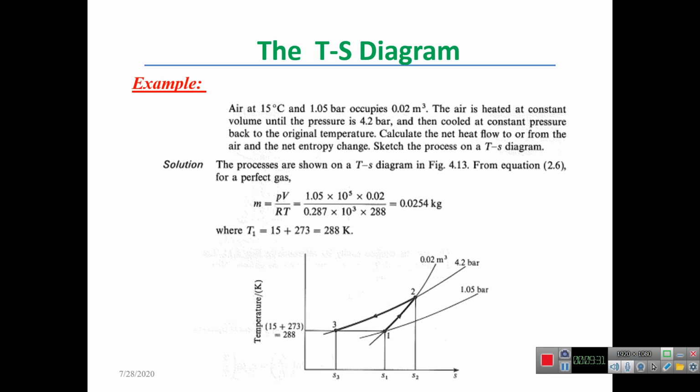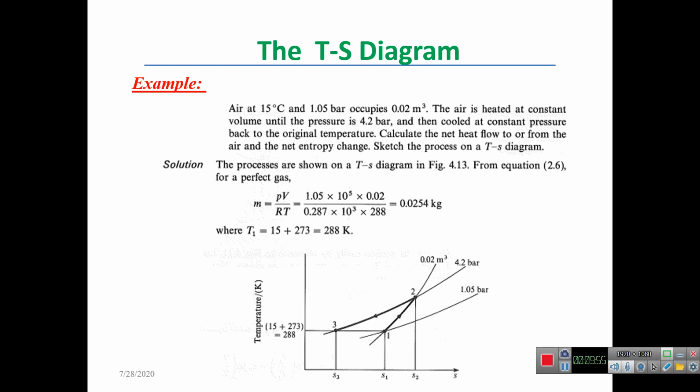This air is heated at constant volume until the pressure is 4.2 bar. That means, as we can see in the diagram, the constant volume line passes between the points or states 1 and 2. The volume at both these points is equal to 0.02 cubic meters.